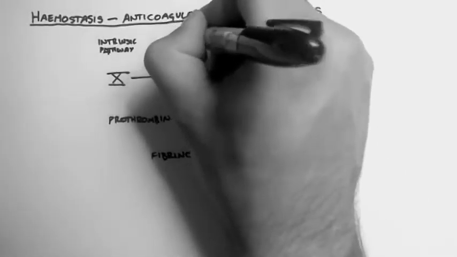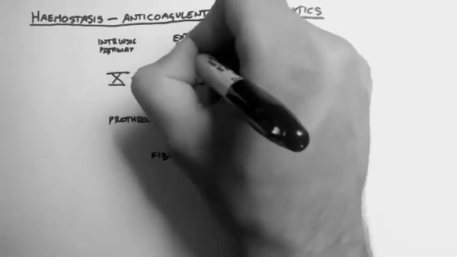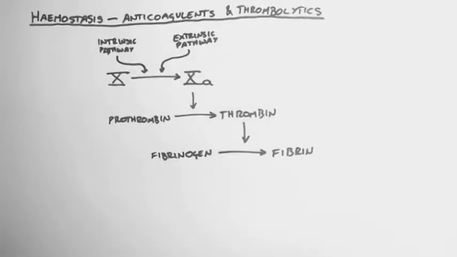We also looked at how factor 10 can be converted into factor 10A by the intrinsic pathway or the extrinsic pathway. Now we're going to have a look at how some drugs act on this pathway.